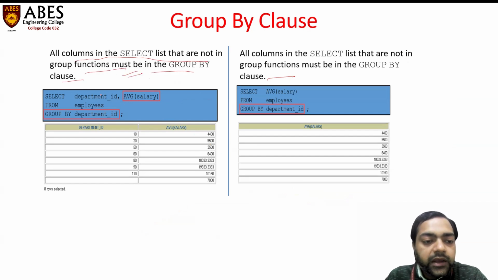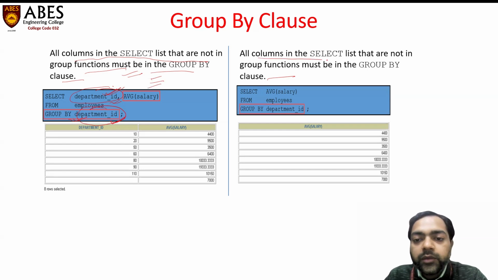It means that if we are using department ID in the group by clause, it should be included in the select statement, right? And if we have any column in the select clause, we must include that particular attribute in the group by clause. So this will be the first feature of the group by clause.